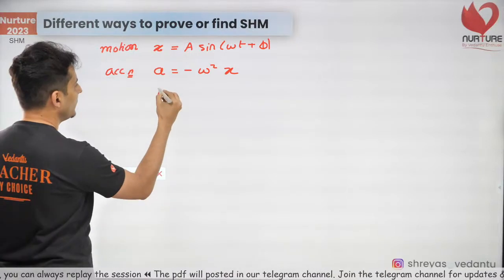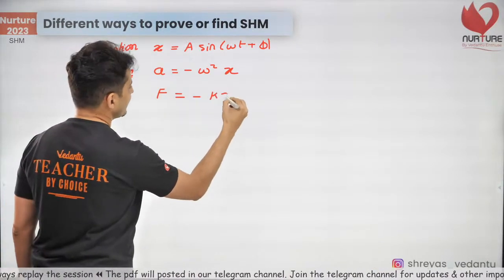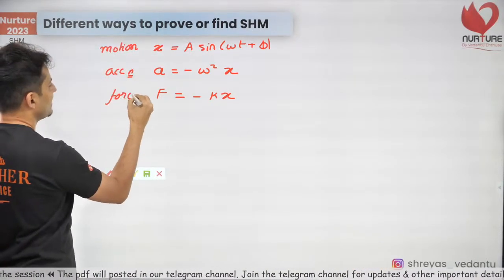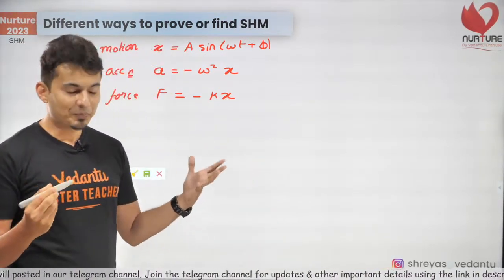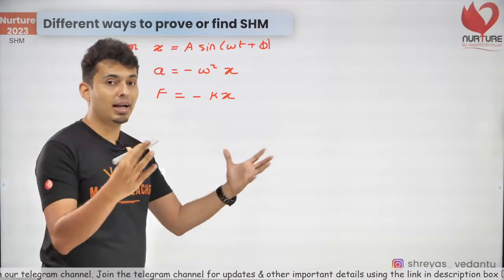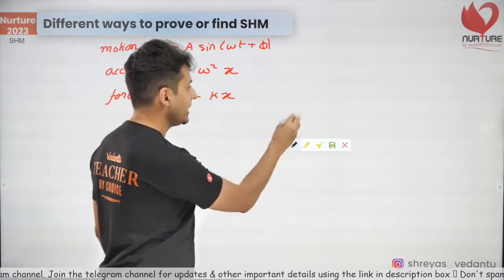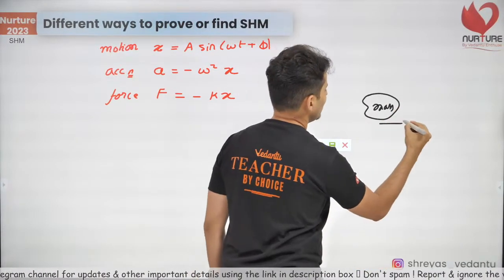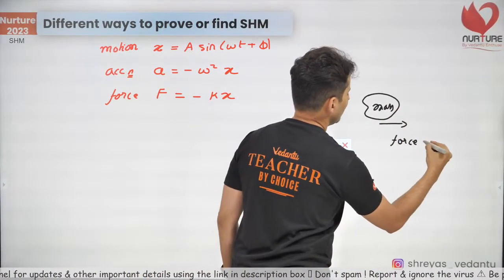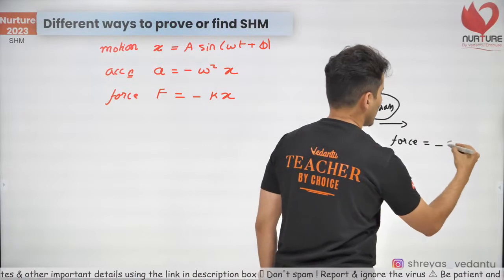So if F is minus kx, even then the system is going to have a periodic property in its motion. Imagine there is a mass, and I tell you the force on it is minus 8x.